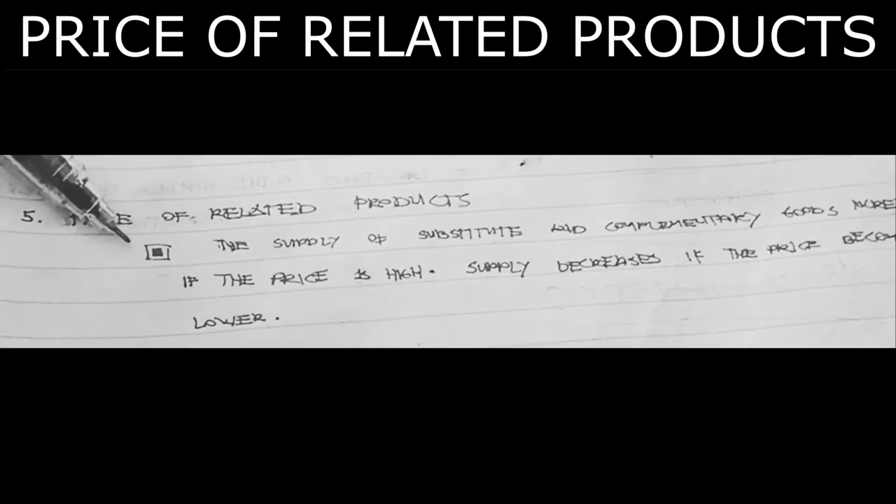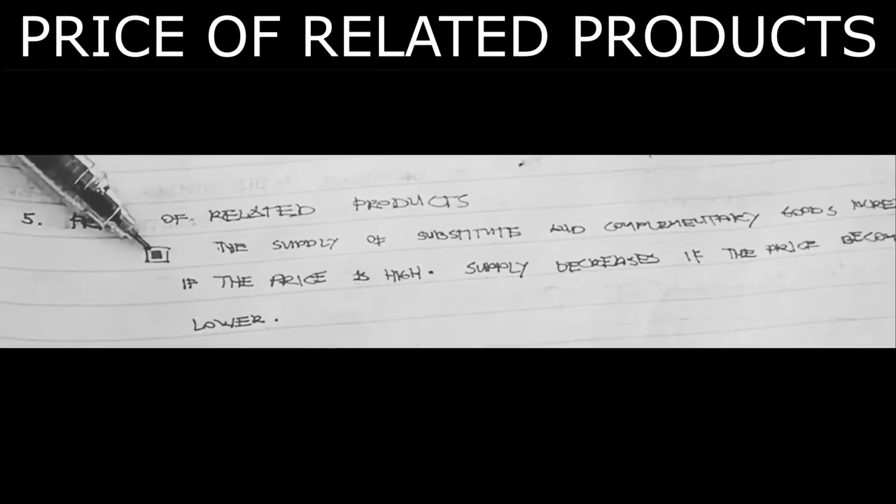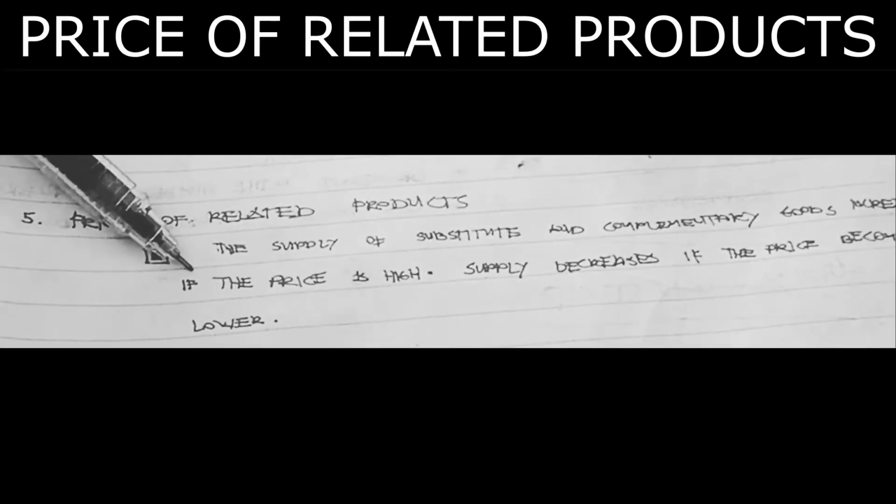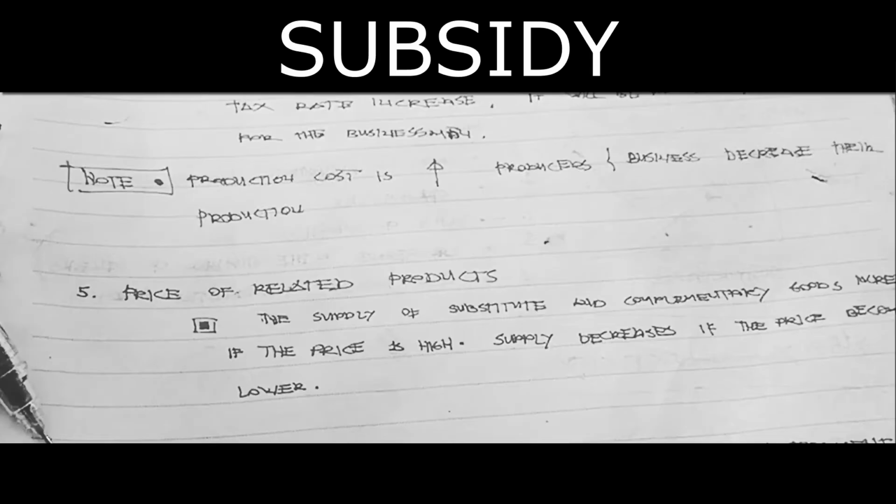Sellers are motivated to sell the products if the price is high. We can observe that if the price of oranges is higher than the apples, sellers will sell oranges rather than apples. The result is supply of orange will increase and for apples, it will decrease.